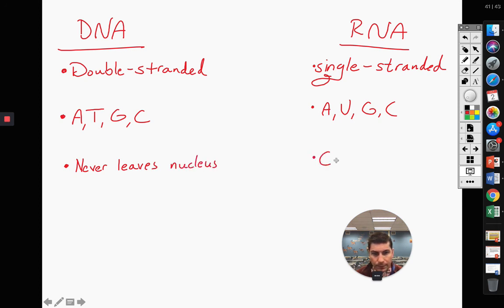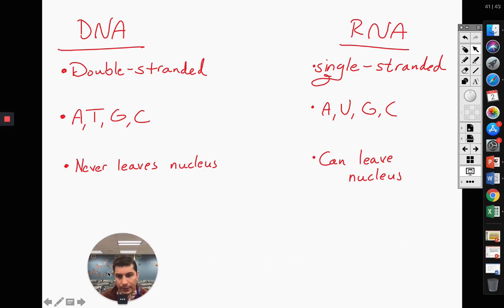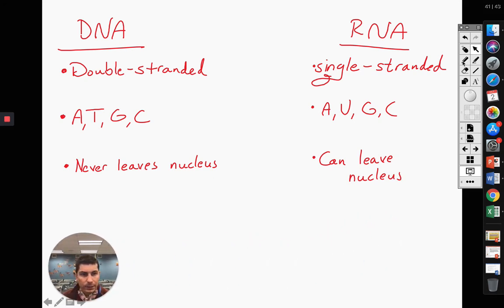RNA can leave the nucleus. And then our last one here, DNA is much longer. RNA is shorter.